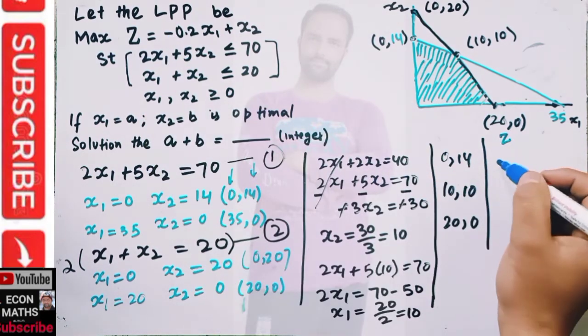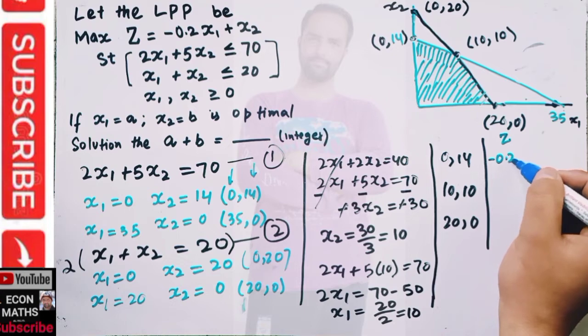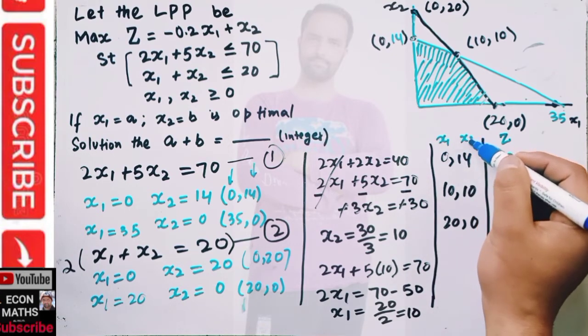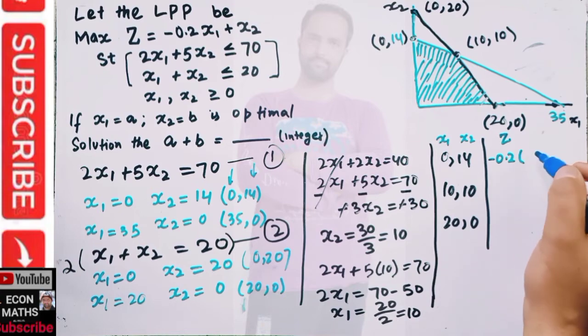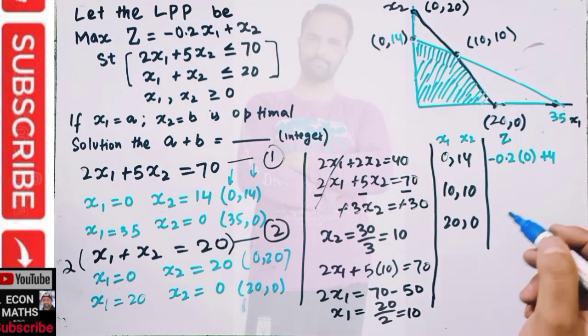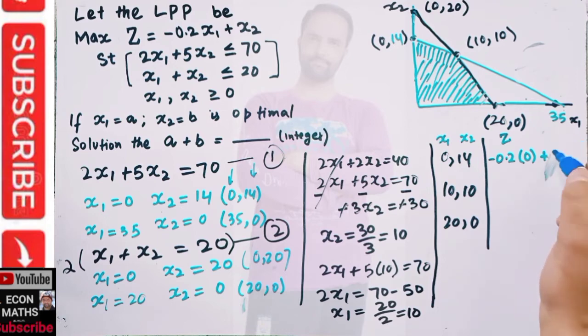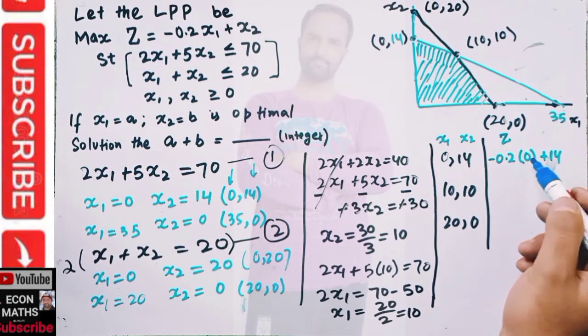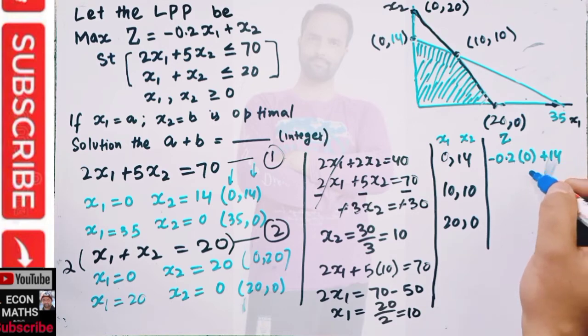We have minus 0.2, this is x1, this is x2. x1 is 0 and x2 is 14. We are checking at this point. So 0 times this negative number is 0, so we get here 14 as the value of z.